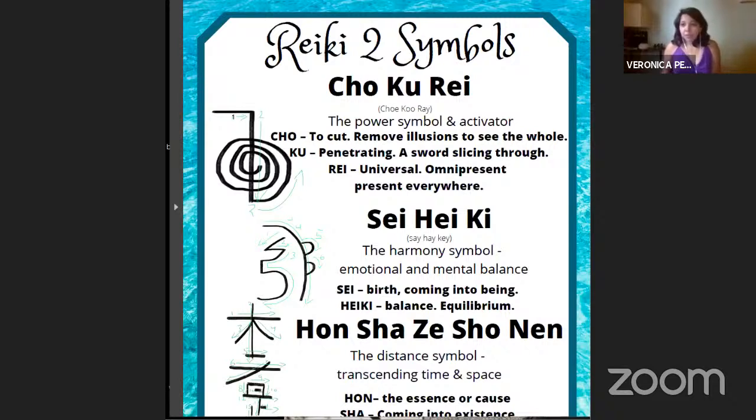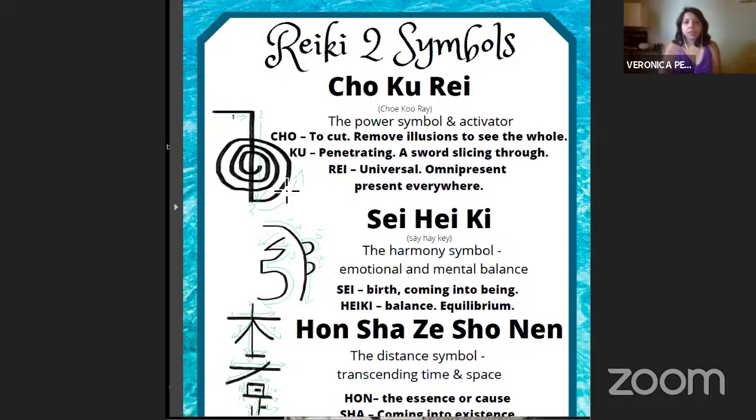So we talked a little bit about the symbols yesterday. The first big one, Chokurei, that's our power symbol and activator. I have a little pronunciation guide on here. So we have Cho, Ku, and Ray. That's how you pronounce the mantra that goes along with this first power symbol.